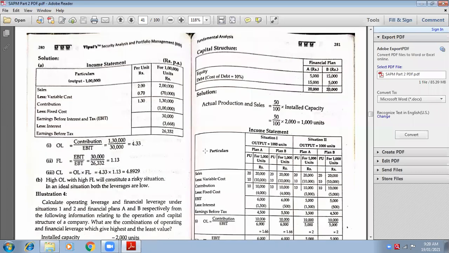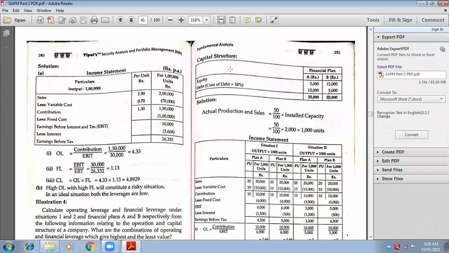And one more thing we have in the question is capital structure. That means in capital structure, there are two things, equity and debt. It is divided again into two different criteria, financial plan A and financial plan B. Equity in financial plan A is 5,000 and in financial plan B is 15,000.